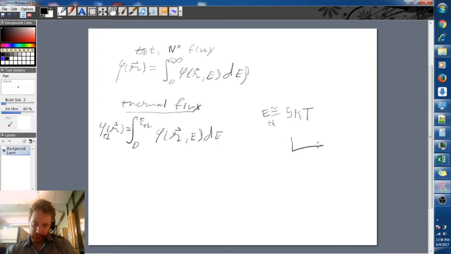You might recall from your statistical mechanics course, if you've ever taken one, that a collection of particles in thermal equilibrium with its surroundings follows a Maxwellian distribution. So the thermal neutron flux is when the neutrons themselves are in thermal equilibrium with the surroundings.